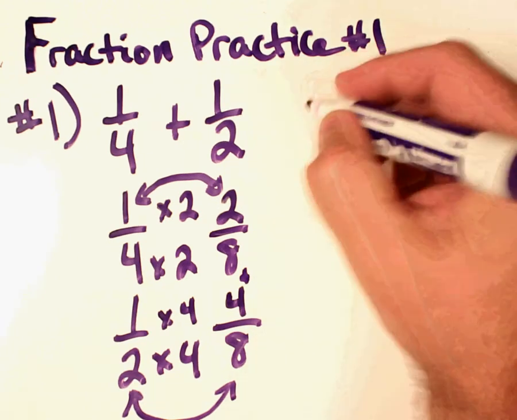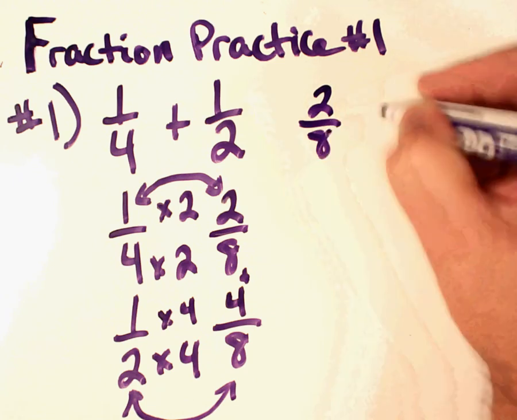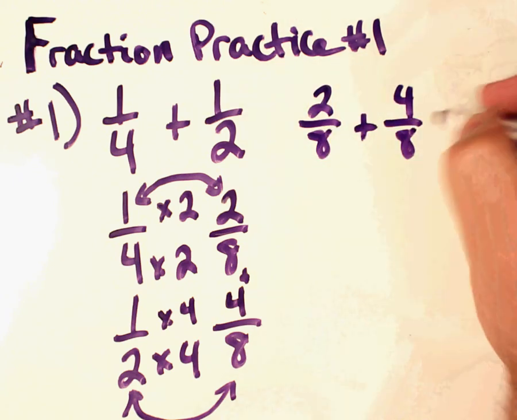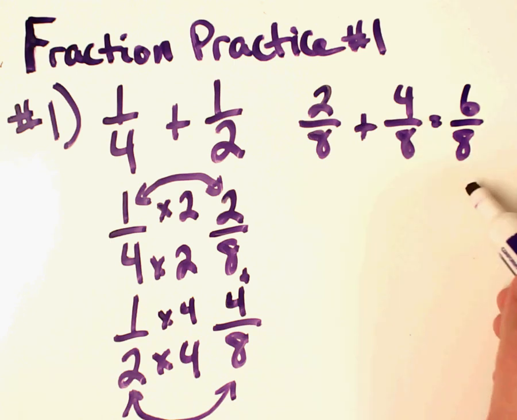Off to the side here, I'm going to rewrite this as 2/8 plus 4/8, which is going to give me 6/8. Now, I can simplify or reduce or find the simplest equivalent to this.